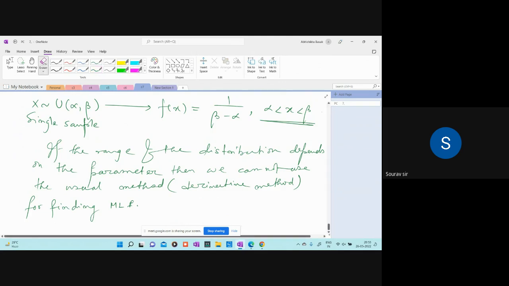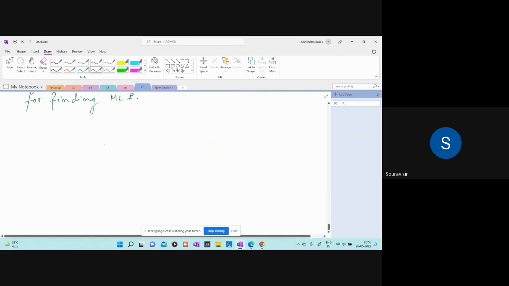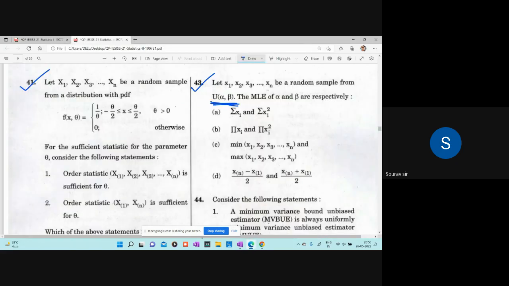Since the range is involved, we need to use order statistics for our maximum likelihood estimator. So obviously I can cancel out option A and option B, and I am left with option C and D.